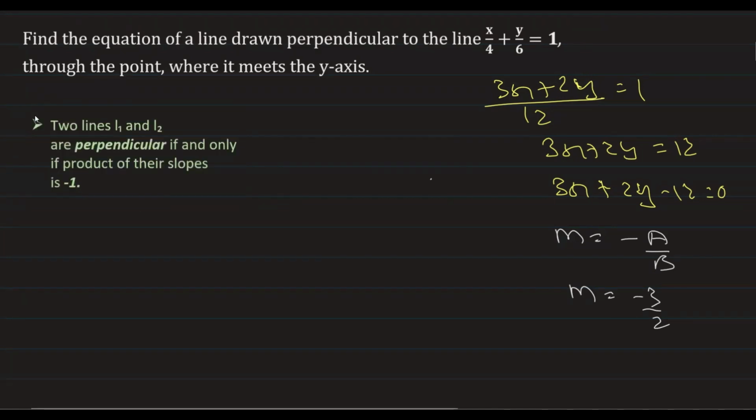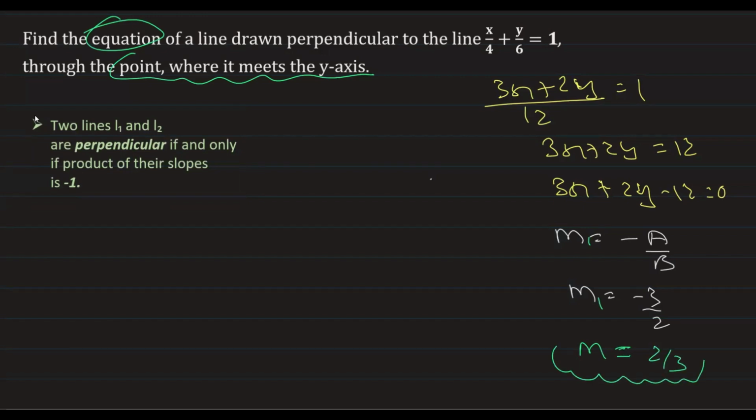Their slopes are negative reciprocals. So the slope of the required line, whose equation we have to obtain, let me call it M1 and this one M, will be the negative reciprocal of this. Negative and reciprocal is going to be 2 by 3.